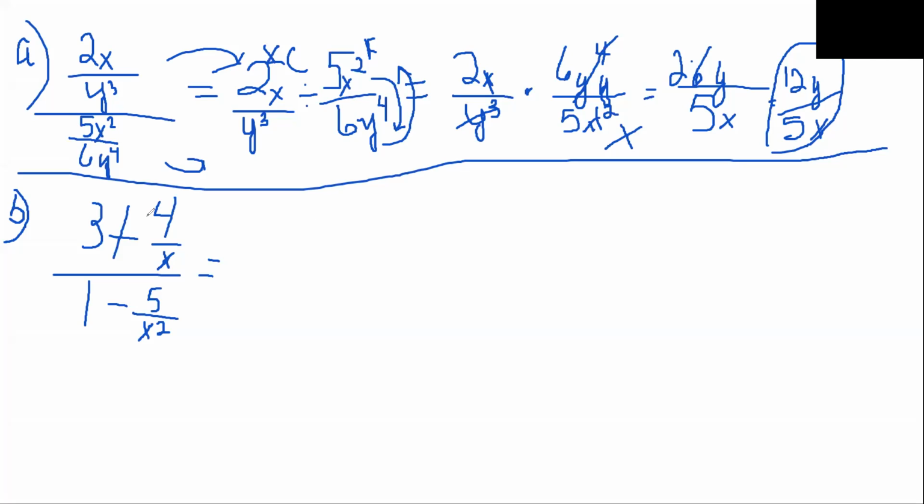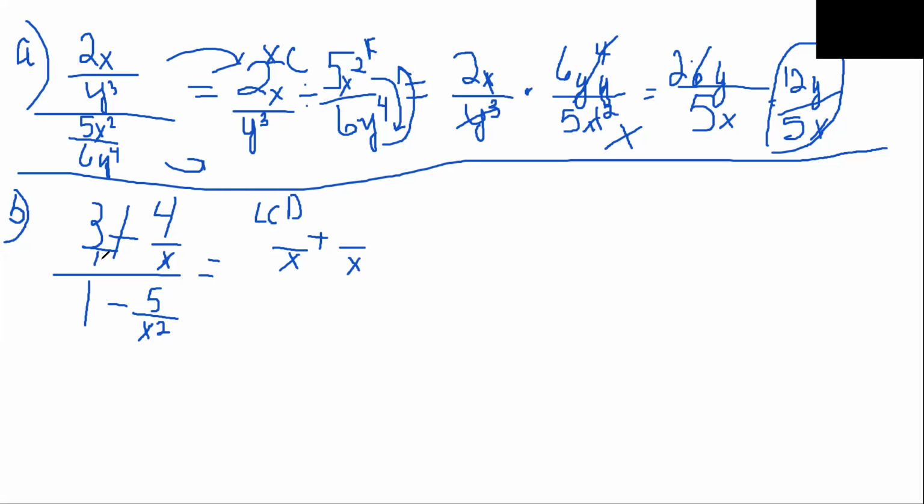Okay, next, 3 plus 4 over x, over 1 minus 5 over x squared. Now, in this model, we could get one single fraction. What needs to occur here is I need to work on the LCD for the numerator and then the LCD for the denominator. By placing 3 over 1 here, and 1 and x, I see that I can have x as my denominator in my top complex fraction.